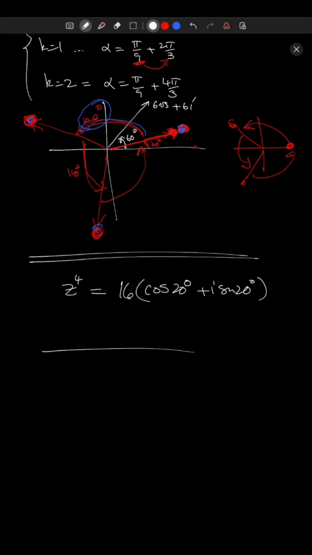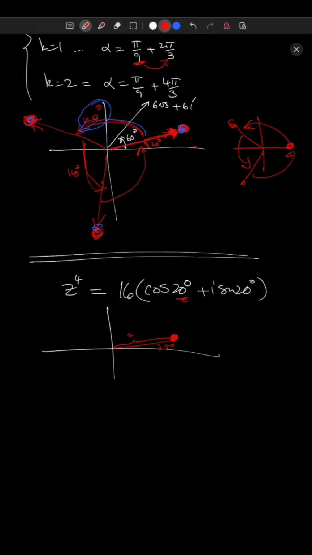I know immediately the solution is going to be, I need to divide this by 4, so that's going to be 5 degrees. That's my base solution, my k equals 0 solution, at 5 degrees. It's going to be a distance of the fourth root of 16 to the origin, so a distance of 2.